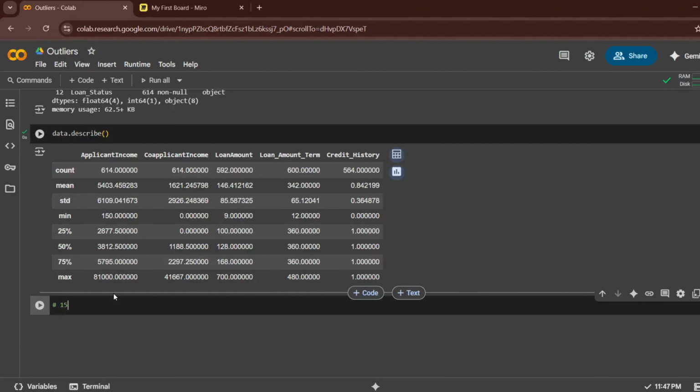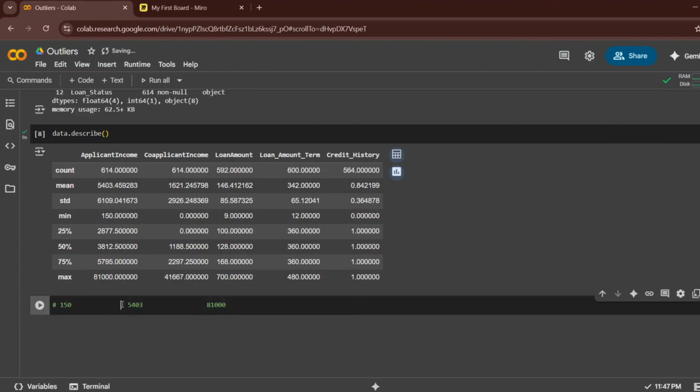The minimum value is 150 and the maximum value is 81,000, and as we know the mean lies somewhere around the middle. So if you think about it, is this 5403 actually in the middle? The actual mean should be somewhere around 40,000 or so, but it's just 5403. It's far away from the maximum value of 81,000 and closer to the value of 150.